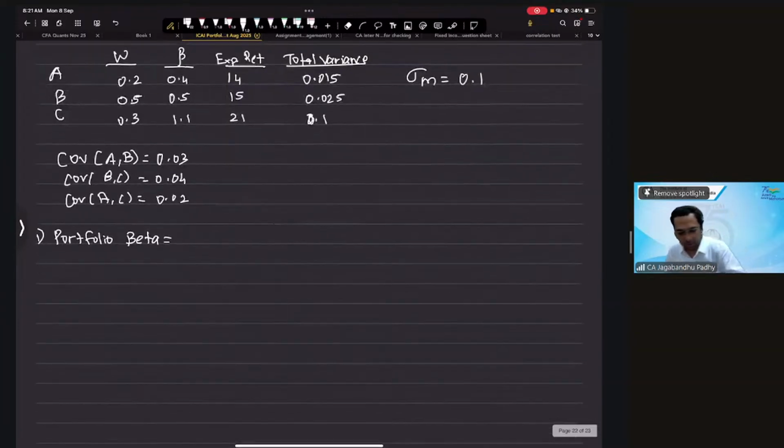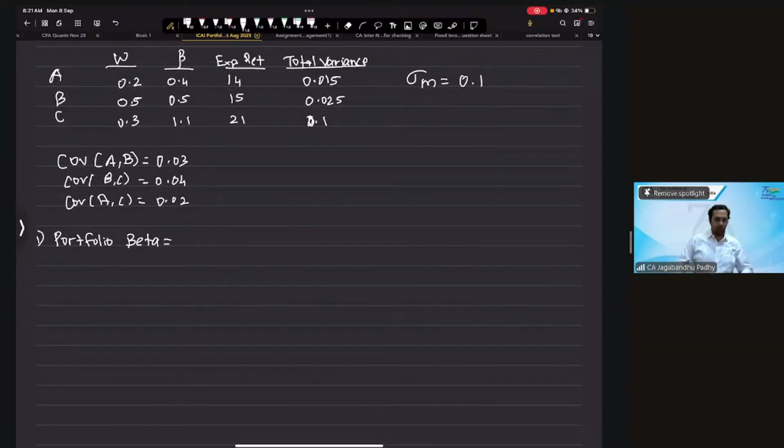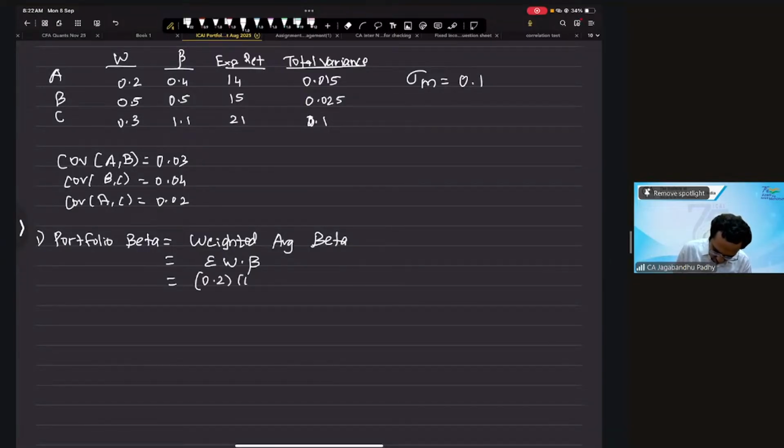So how do we go about calculating the portfolio beta? Well, portfolio beta is nothing but weighted average beta. So weighted average beta is going to be summation of weights into beta, which is going to be simply 0.2 into 0.4 plus 0.5 into 0.5 plus 0.3 into 1.1.